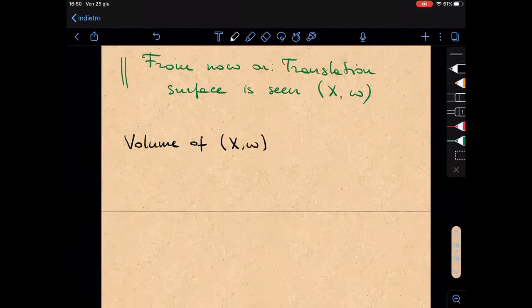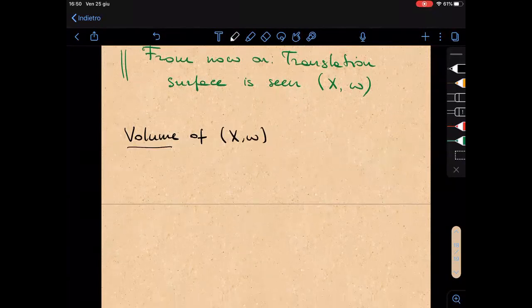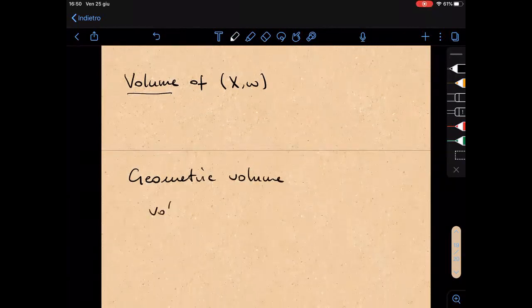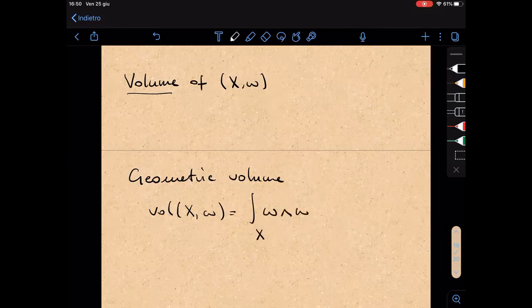And the first definition is a geometric definition, say the geometric volume. The volume of X omega is just defined as the integral over the Riemann surface of omega wedge omega conjugate, and this is supposed to be greater than 0.